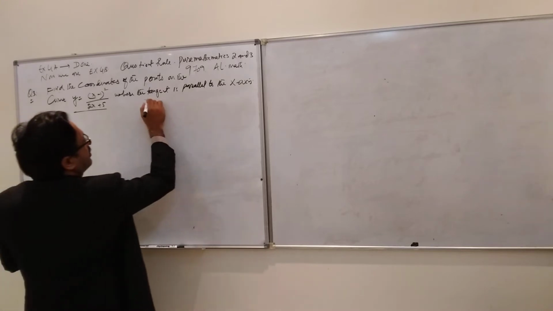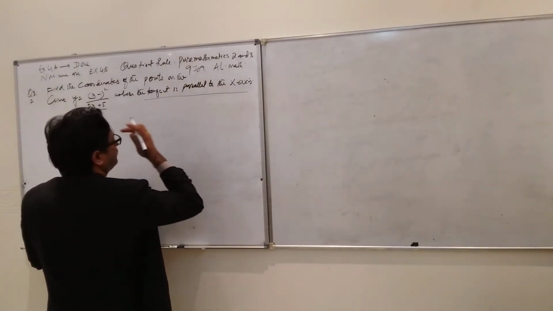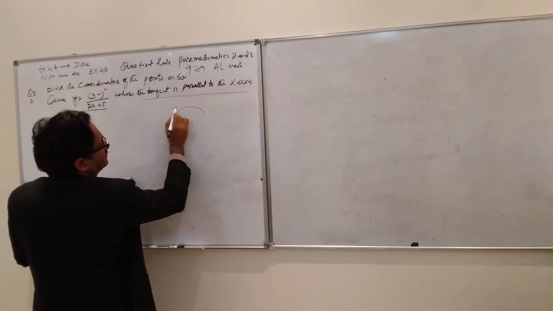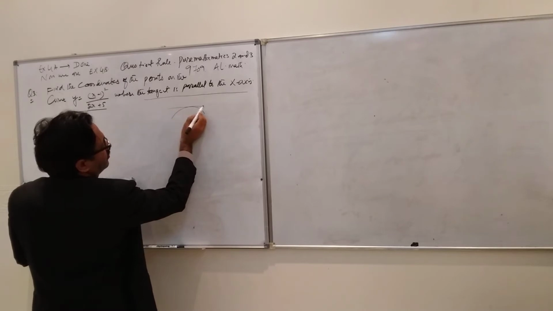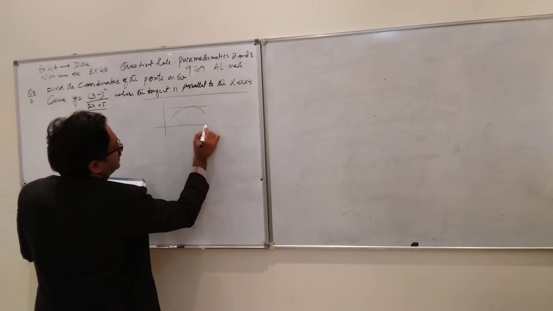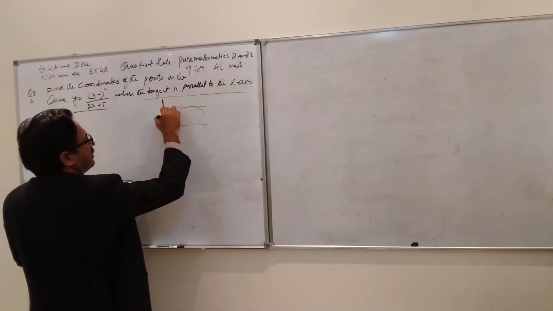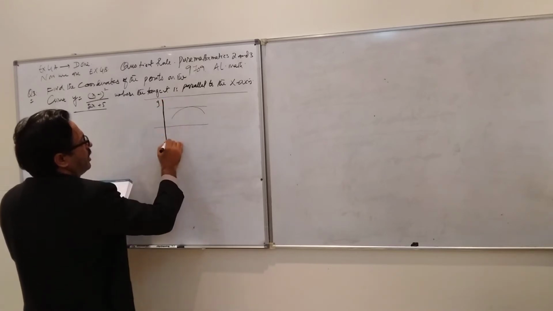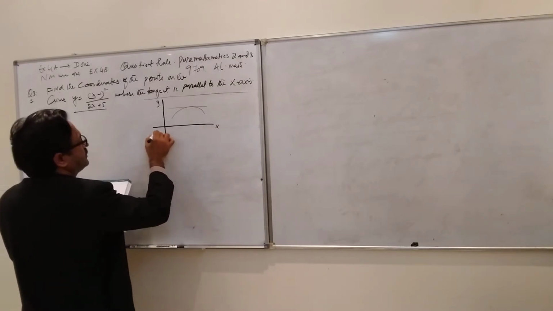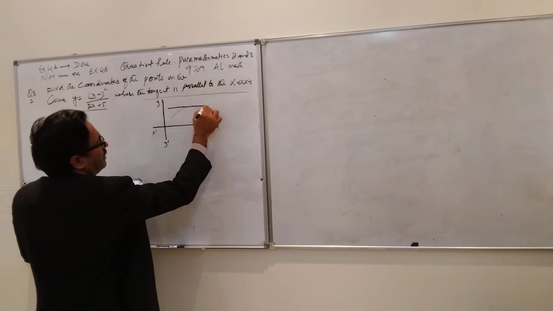This is a very important thing. When the tangent is parallel to the x-axis, let's say this is the curve, this is the tangent line, and this is your xy plane, this is my y axis, and this is my x axis, and that is my tangent.